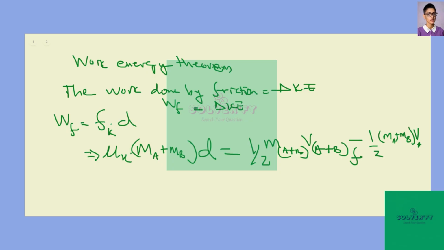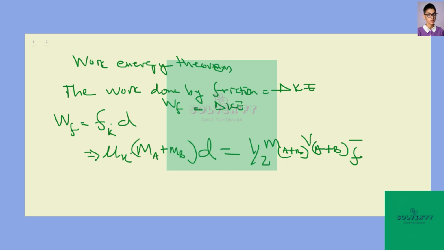So 1/2 (m_A plus m_B) and the initial velocity of the system. We have to change this a little bit, because they didn't stick together yet.